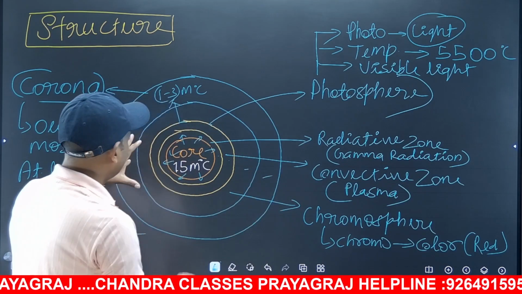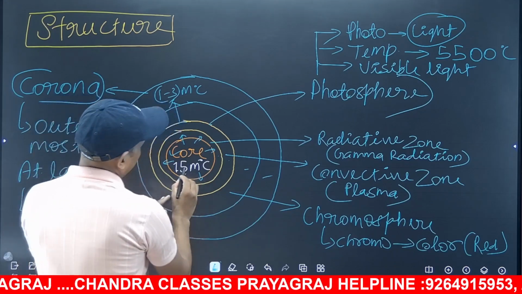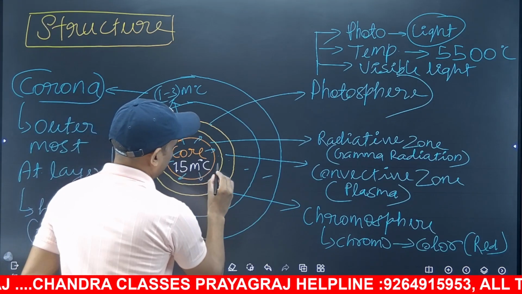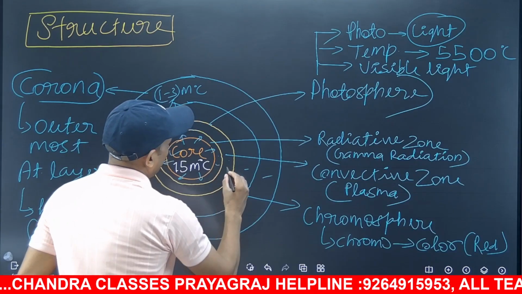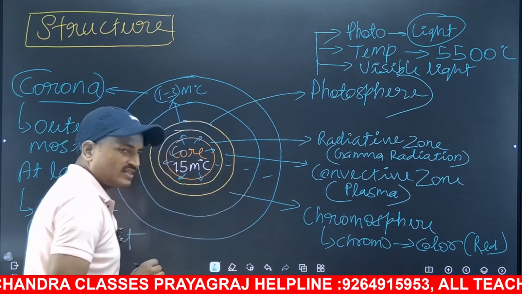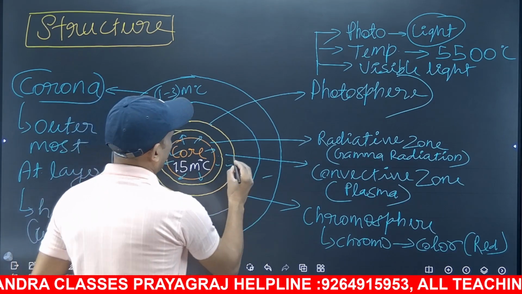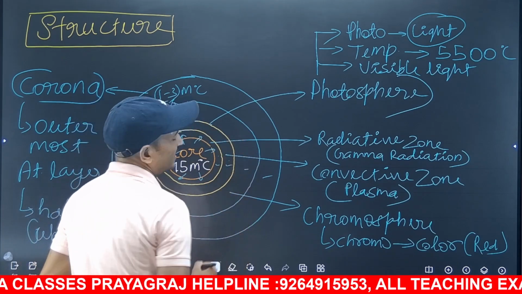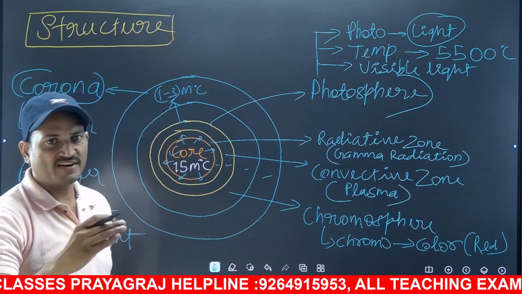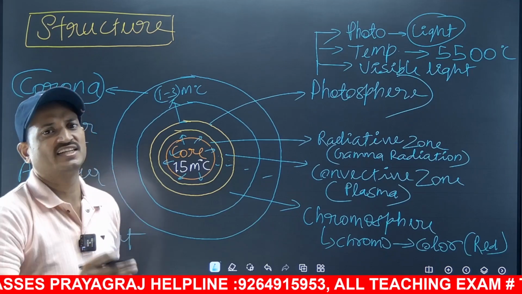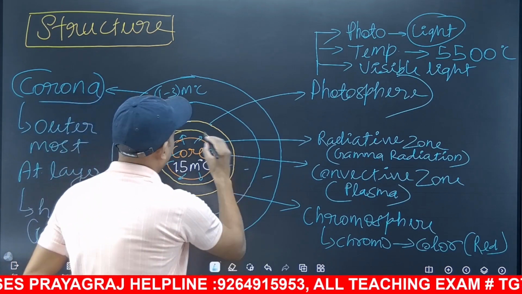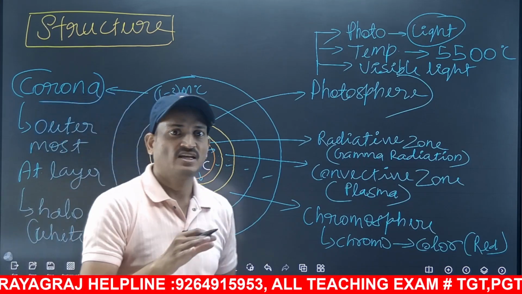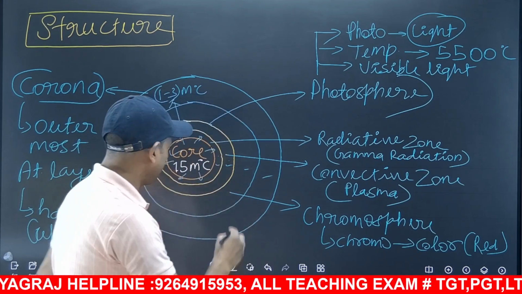And then the sequence of temperature. 15 million degrees Celsius at core, reduces in the radiative zone, again reduces in the convective zone, and at the surface of the sun, that is photosphere, it reaches around 5500 to 6000 degrees Celsius. So the temperature of the photosphere is also very important. This has been part of exams, various questions.